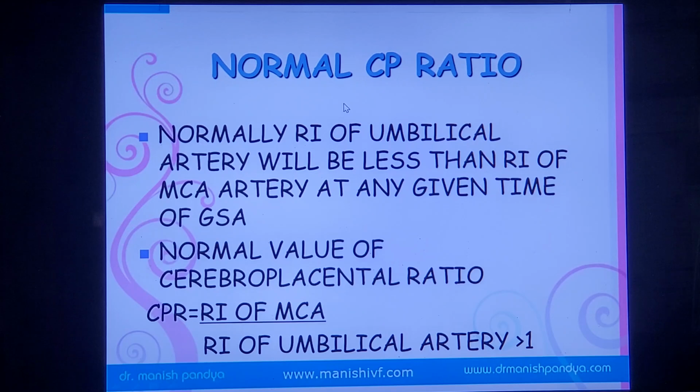So suppose MCA is 0.8 and here it is 0.4, then the ratio is always more than 1. So if the RI of the umbilical artery becomes 0.8 and the RI of MCA becomes 0.4, then it is 0.5. Remember? Then it is less than 1. It always should be more than 1. Clear?